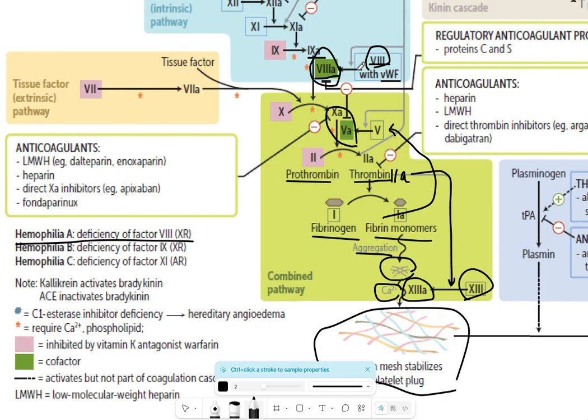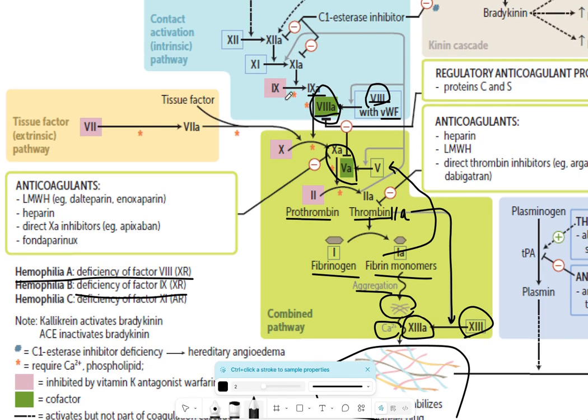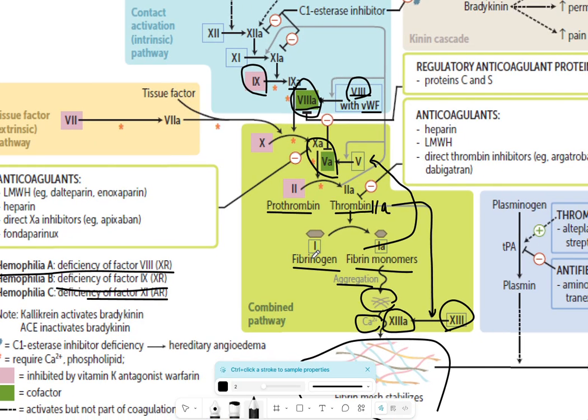So no factor 8 is hemophilia A. Now, if there's no factor 9, then you get hemophilia B. So hemophilia B is no factor 9, no factor 8 is hemophilia A, and then the deficiency of factor 11 is hemophilia C. Okay, this deficiency of 11 is basically hemophilia C. So no 8 is hemophilia A, no 9 is hemophilia B, and then no 11 is hemophilia C, right?